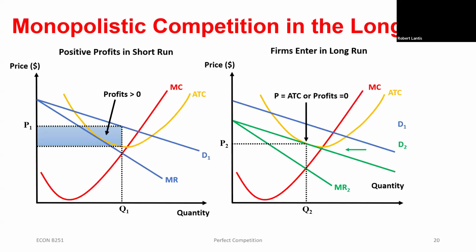Okay. So let's say I've got an average total cost curve that looks something like this. Let's say this is the current setup. We would identify the profit maximizing quantity where MC meets MR, go up to the demand curve, and this would be the monopolistically competitive firm's profit maximizing price.